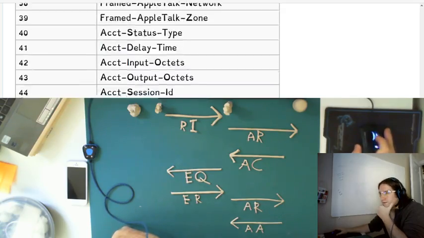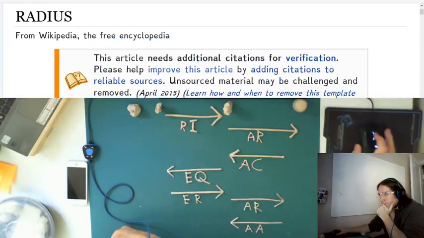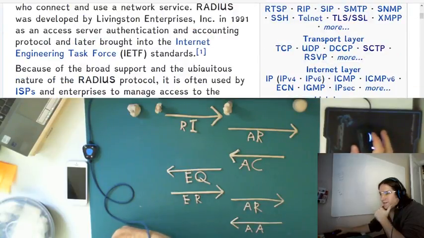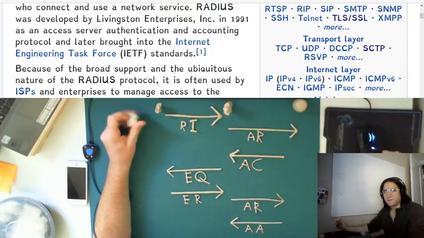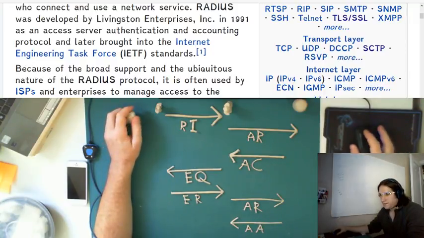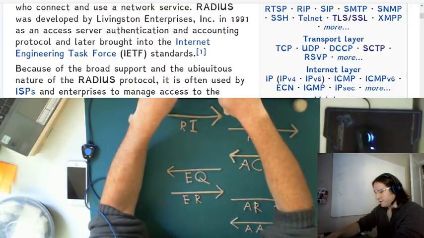Okay, that's RADIUS. Okay, good. Now I understand RADIUS, 802.1X, and EAPOL authentications. Now I gotta figure out chapter 1. Okay.